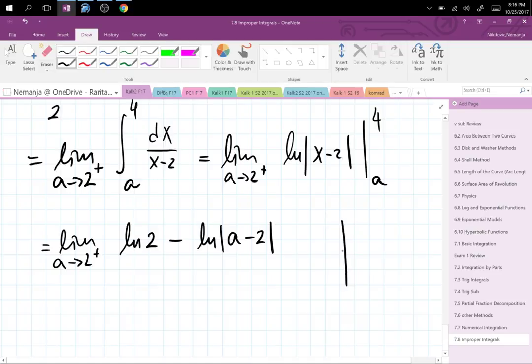And you know what happens to the ln graph as you approach 0 from the right. You are approaching 0, negative infinity happens. Very good. So the whole thing is ln 2 plus, minus and minus make plus, plus infinity.